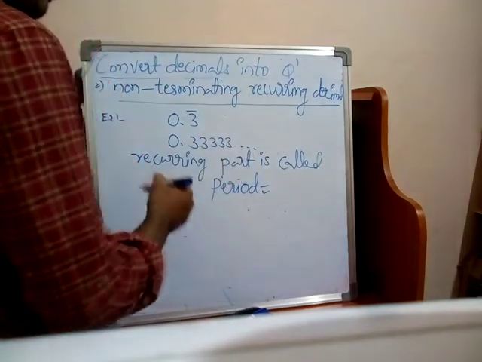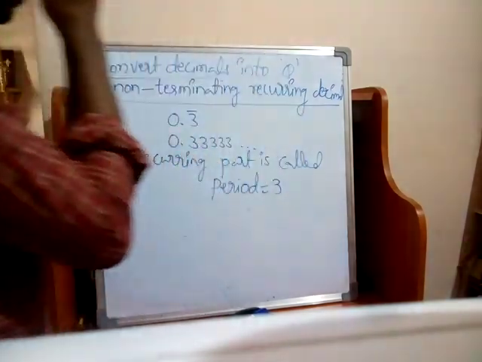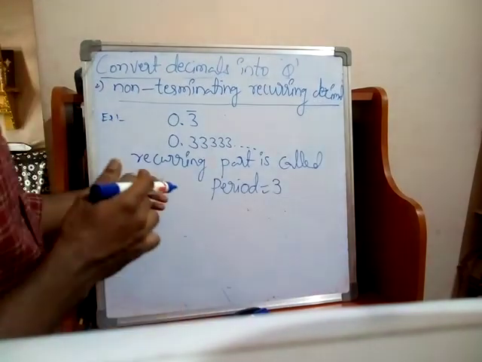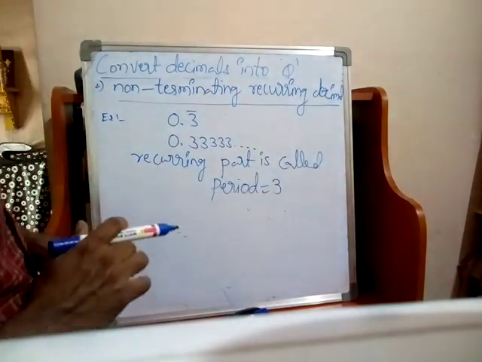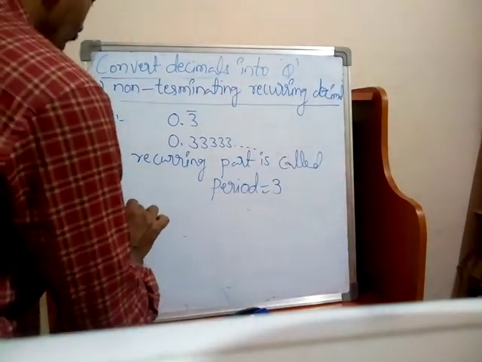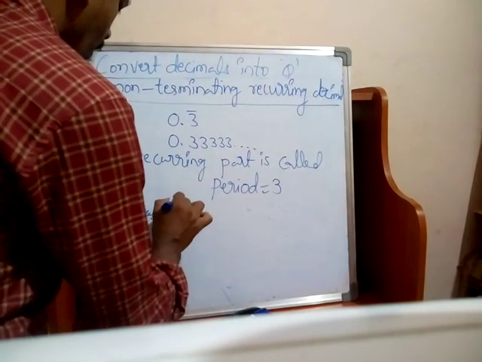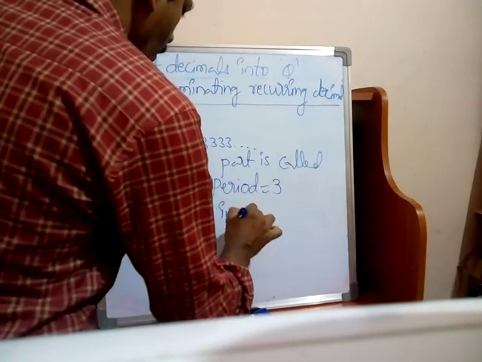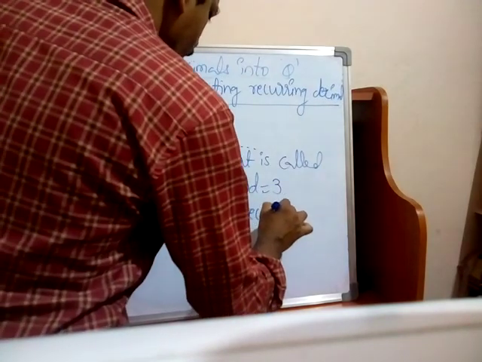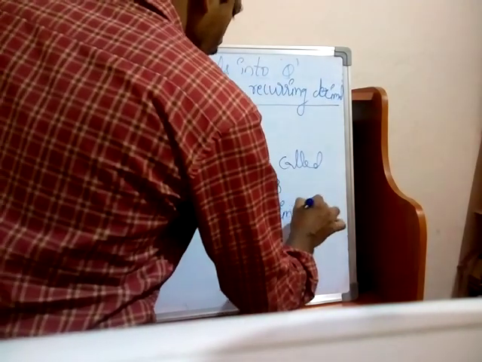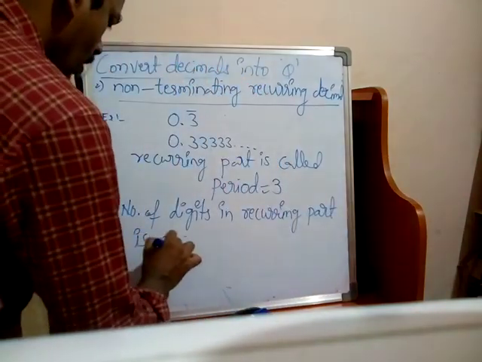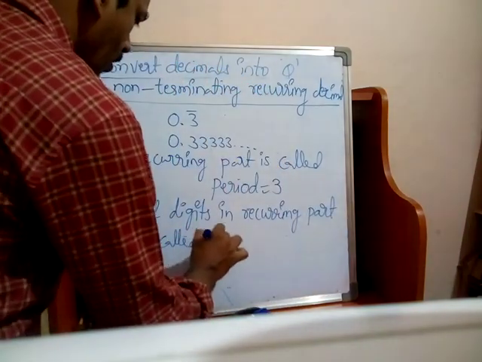So in this problem, what is the period? 3. The recurring part 3 repeats continuously. So that's why the recurring part is called period. The number of digits in the recurring part is called periodicity.